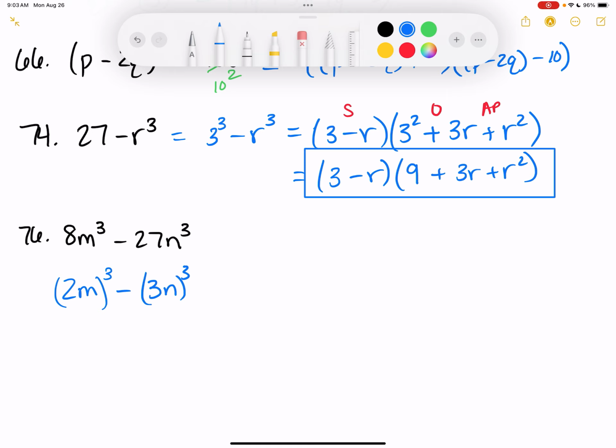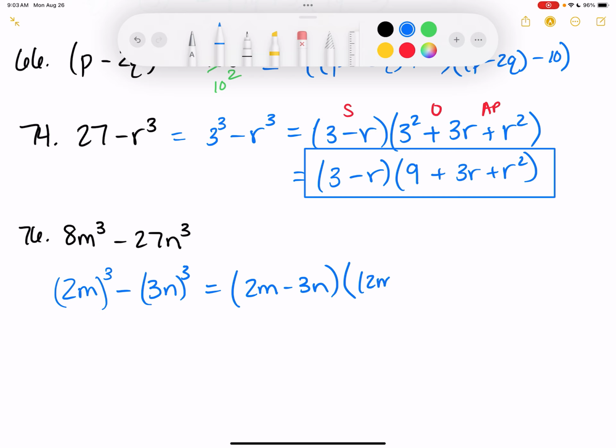So when I rewrite this in factored form, what do I write in the first parentheses? You can look at the previous one for reference. 2m minus 3n. And then the next parentheses: 2m squared, plus 3n squared.